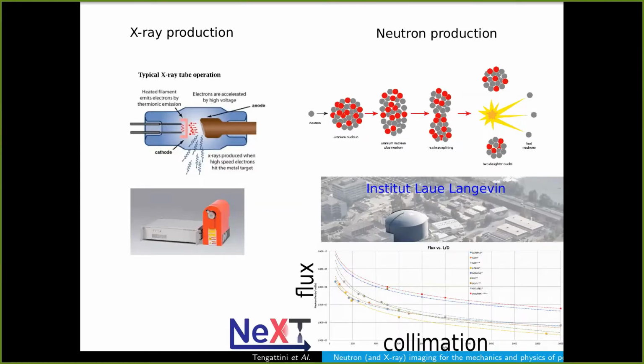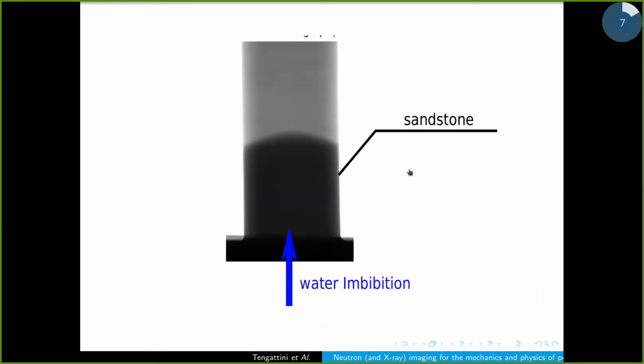Specifically, this one happens to be the reactor with the highest cold neutron flux in the world. That is for research purposes, and it happens to be in Europe, so in France, Grenoble specifically.